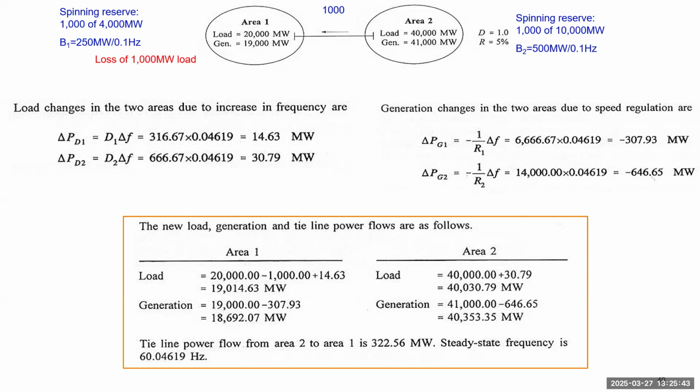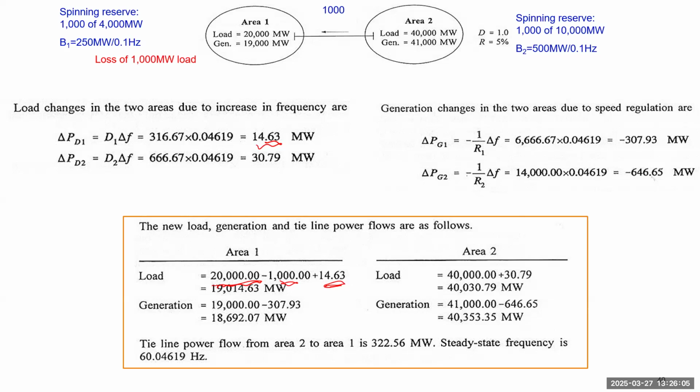Yes. Okay. So in area 1, originally we have 20,000, and after subtracting the 1,000 loss, and also there's a number which comes from here. That is the load increase due to the increase of frequency.